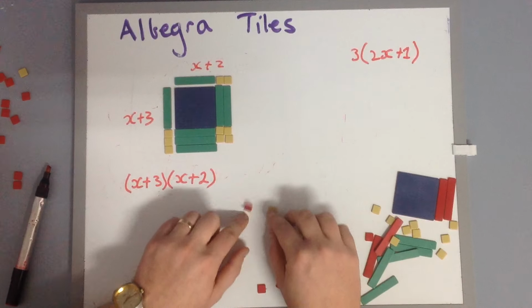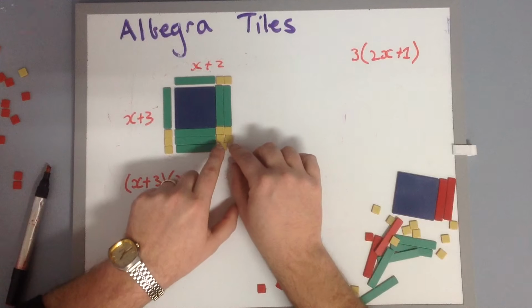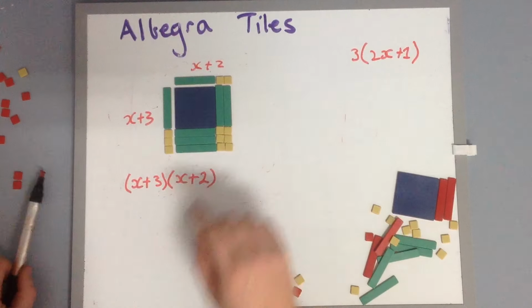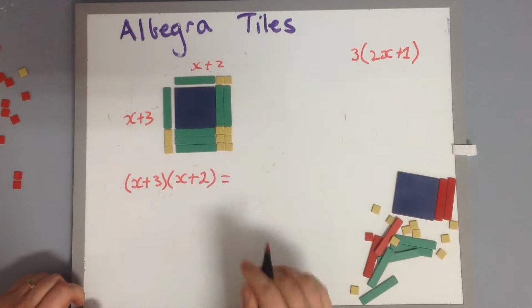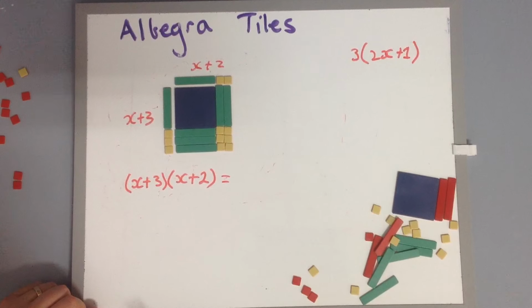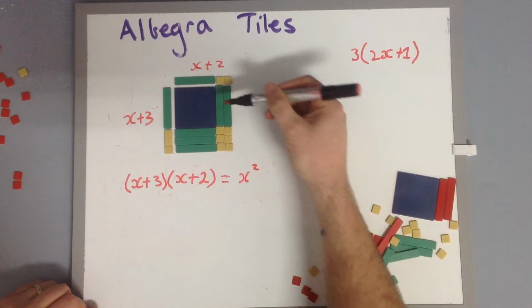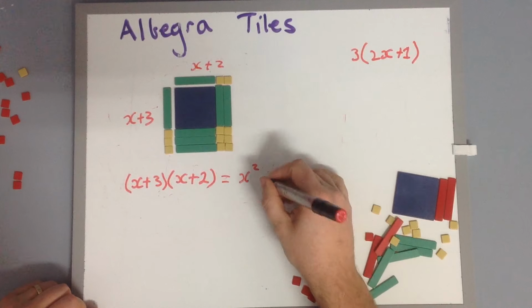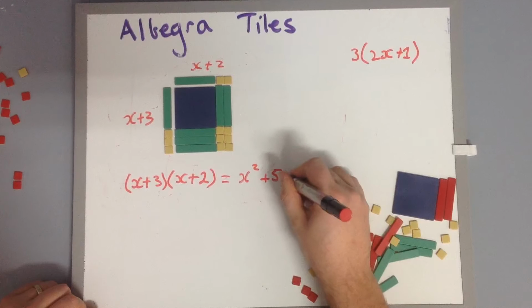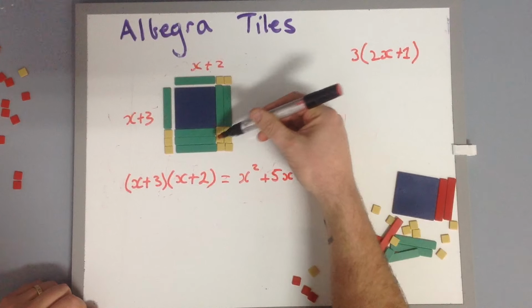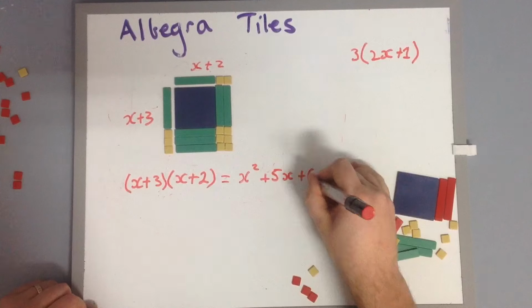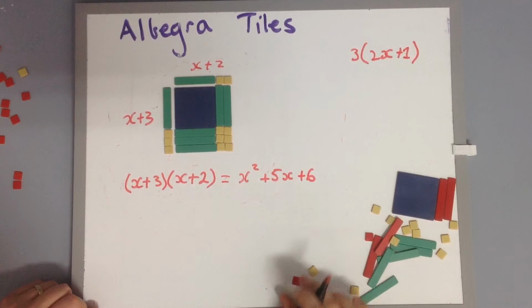You can see we've still got to fill in our rectangle. Now we can look at what we've got: one lot of x squared, then 1, 2, 3, 4, 5 lots of positive x, and then 6 positive ones left over.